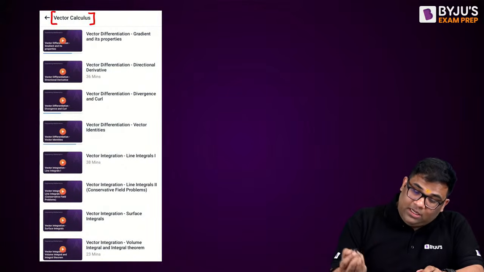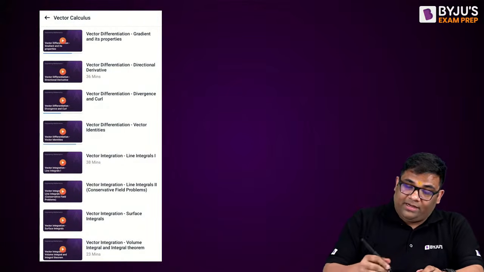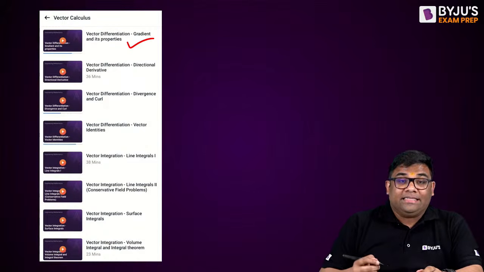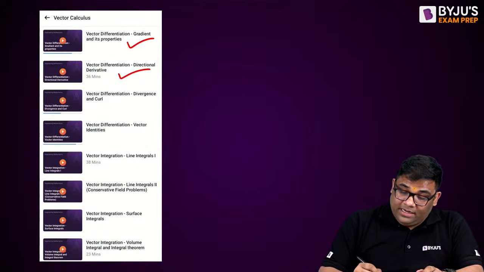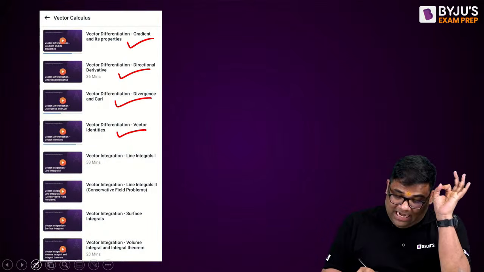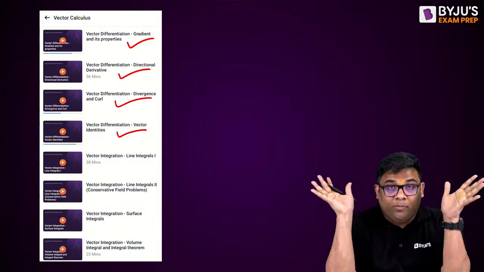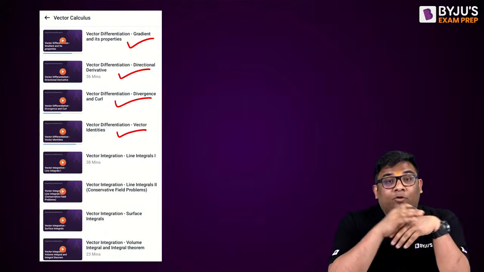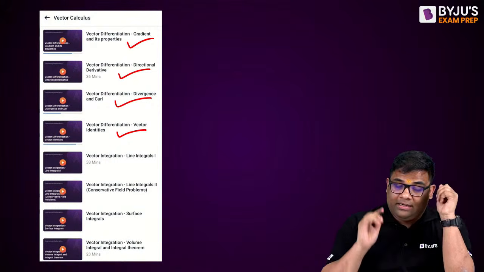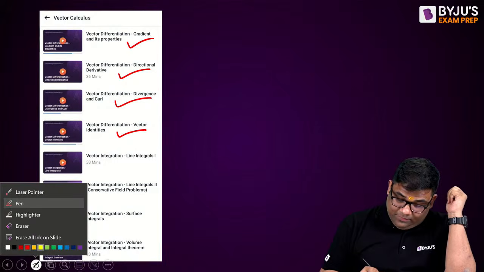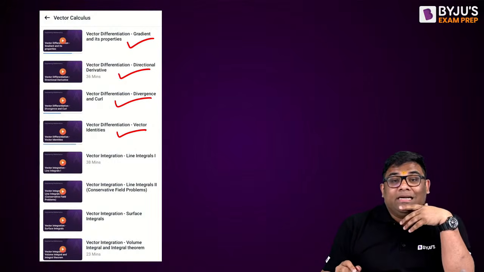Here you can see all the important topics like vector differentiation, gradient and properties, directional derivative, divergence and curl, and all the vector identities. I just told you 3-4 prominent ones; there are 10 to 15 more. Then integration: line integral, surface integral, and volume integral.